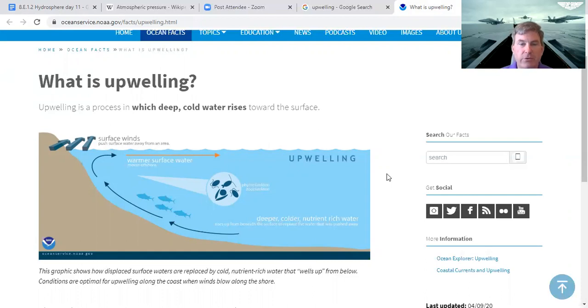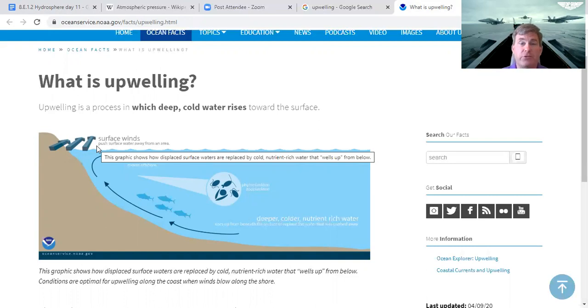Because you can't just have a big hole in the ocean because the water went away, something has to fill it. So it drags this nutrient-rich, colder deep water up, and like I said, about 50% of the ocean's biological activity occurs in these 5 upwelling areas around the world. Anytime you see upwelling, there's going to be huge amounts of biological activity there.